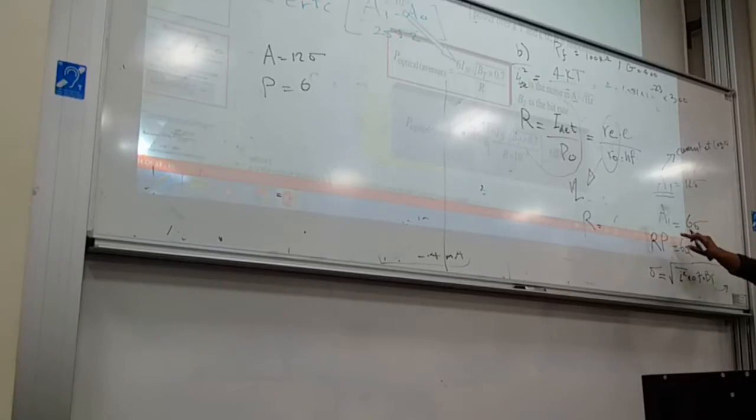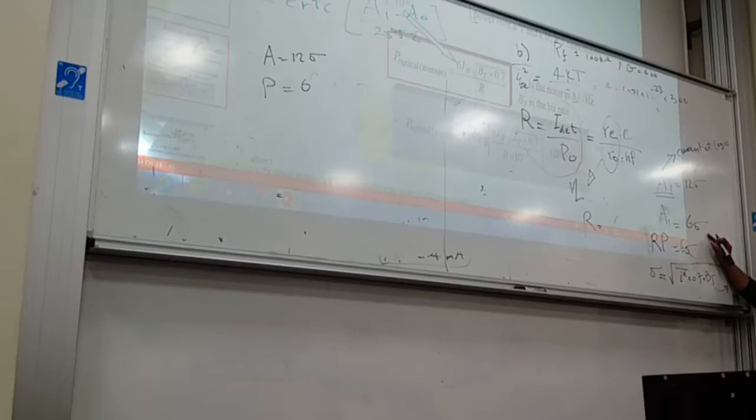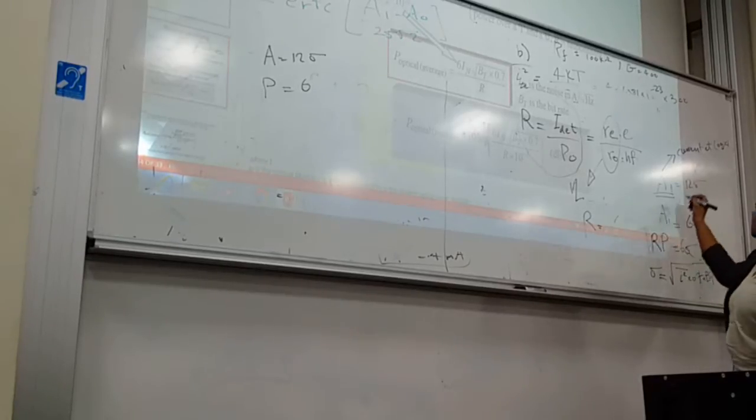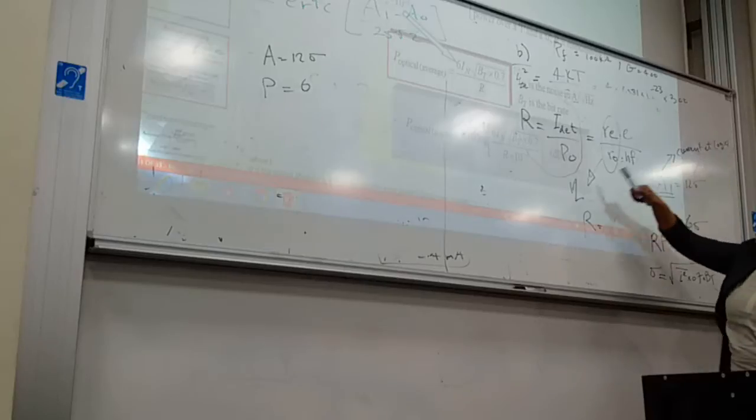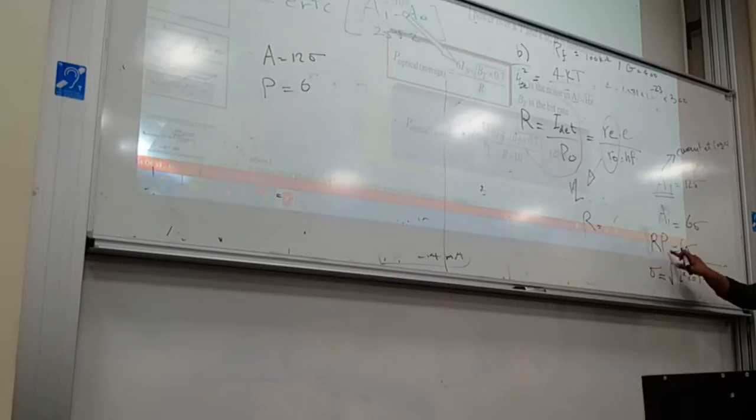So the average will be 6 times the noise, because the current at logic 0 is 0, so we get the average by dividing over 2. And the current here, I, according to this, is RP.